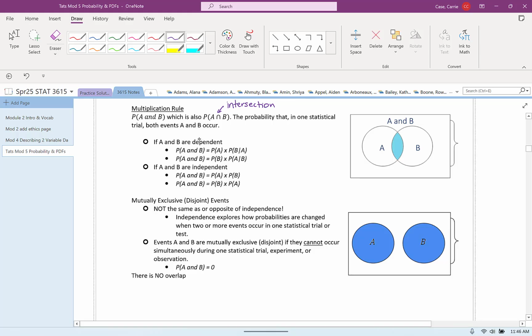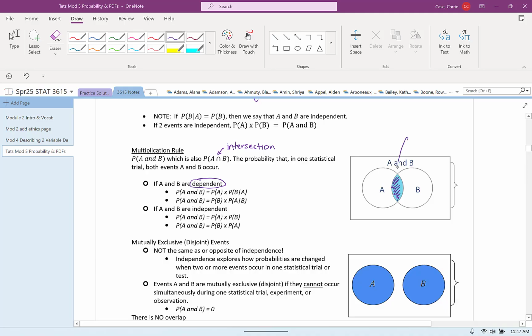So if we have dependent events, what that means is that we have overlapping Venn diagram circles. Event A is in circle 1, event B is in circle 2, and these two events overlap. When that happens, one event can or will affect the other.